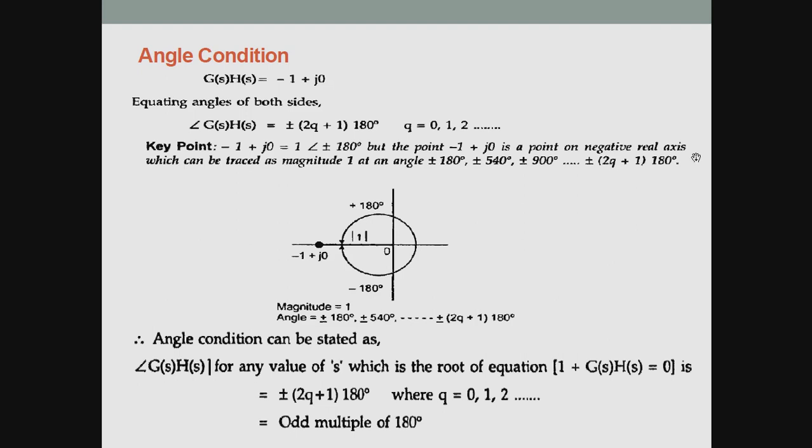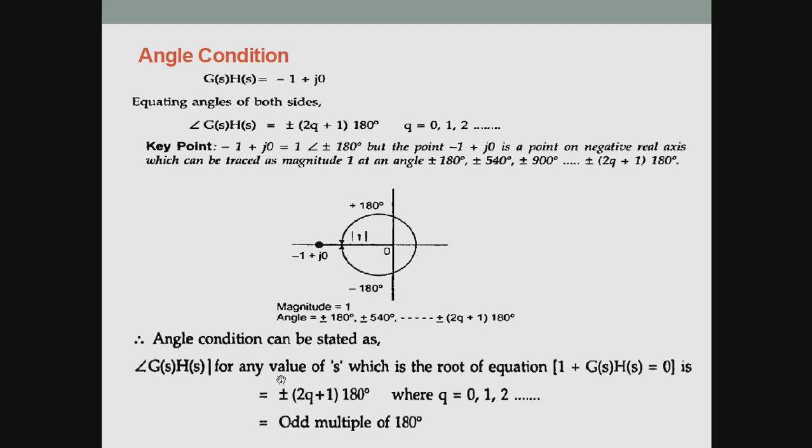It is a point on the negative real axis, which has a magnitude of 1, because when we take its modulus it is 1, and the angle is plus or minus 180 degrees. From one side it is plus 180 degrees, and from the other side it is minus 180 degrees. So we generally give it as (2q plus 1) times 180 degrees, where q is 0, 1, 2.